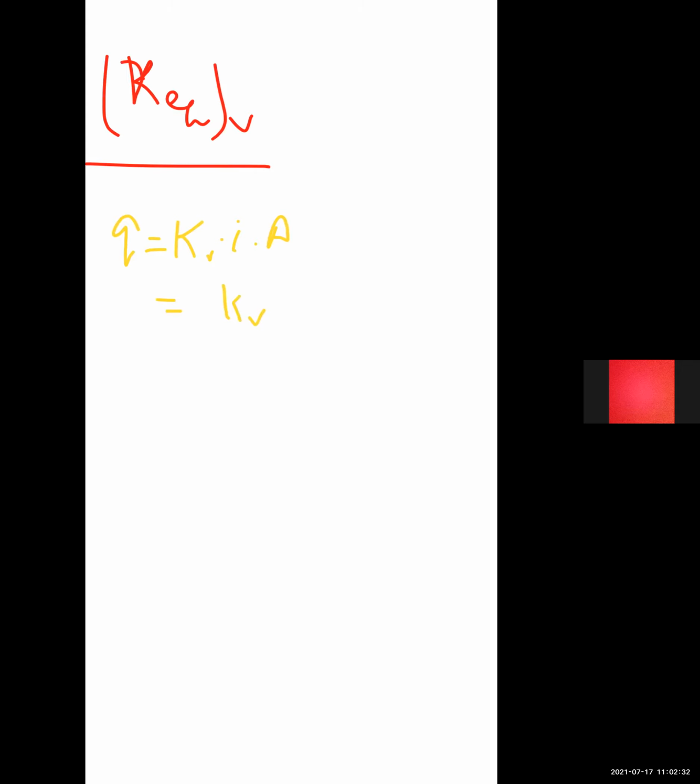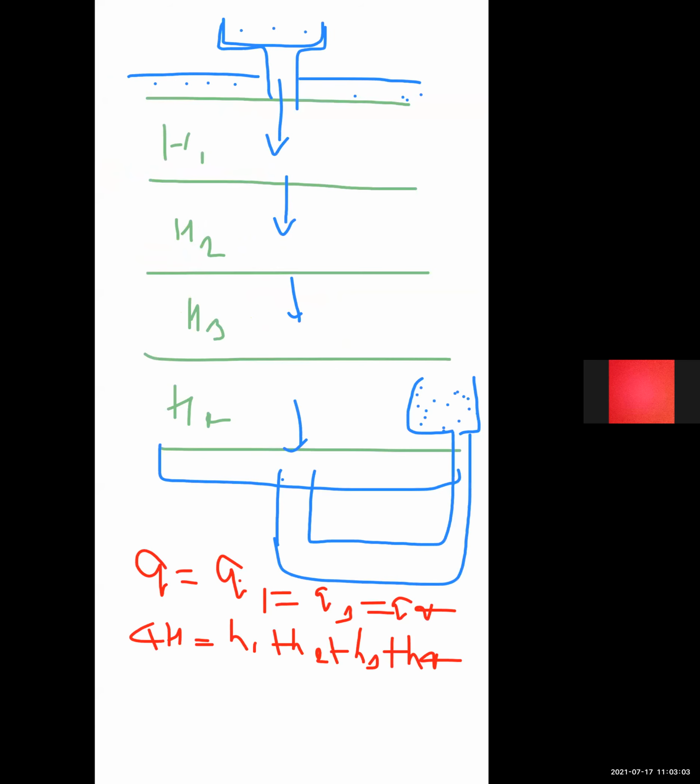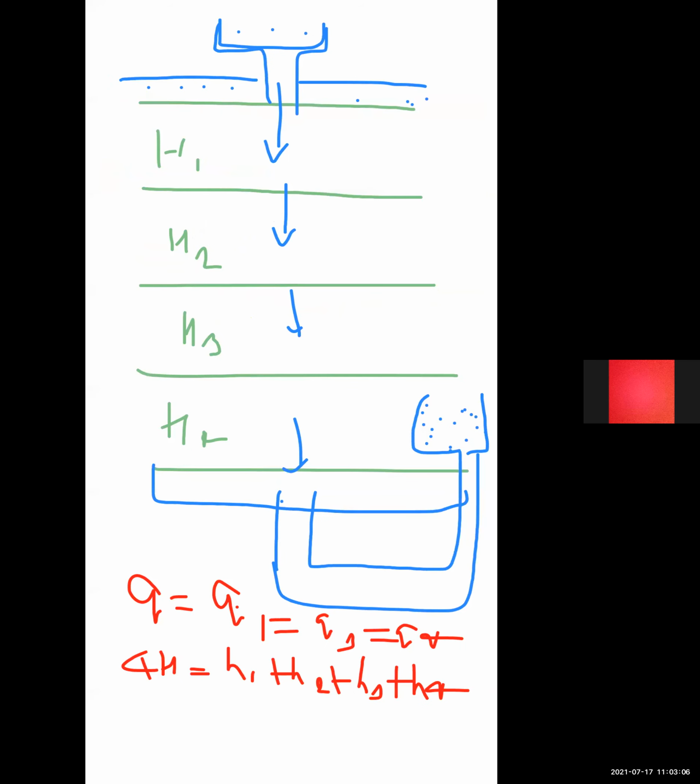So we can write I in terms of head difference, that is del H by H. The total length covered by the head is H. This total height is H. So the hydraulic gradient is del H by H, into A.